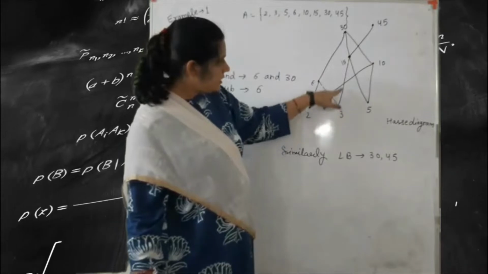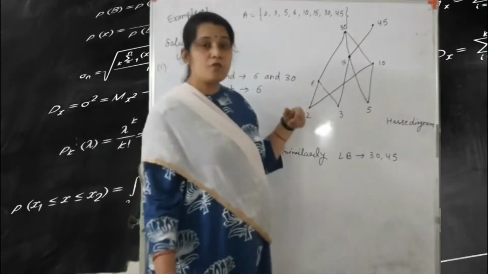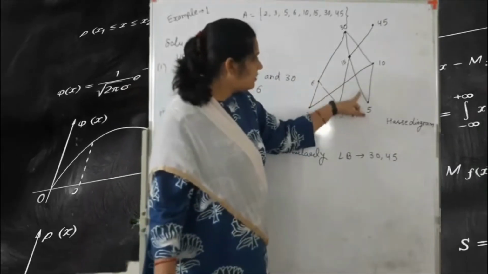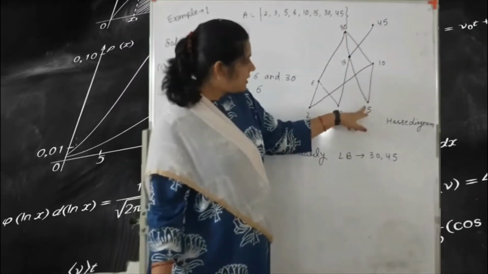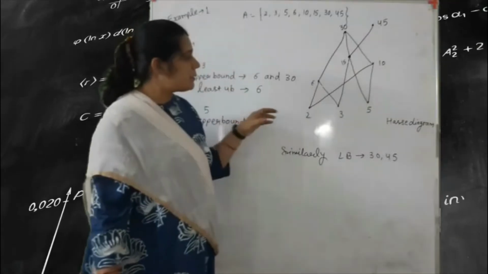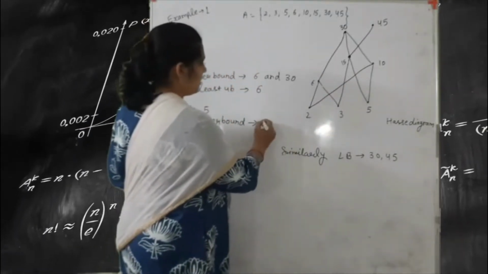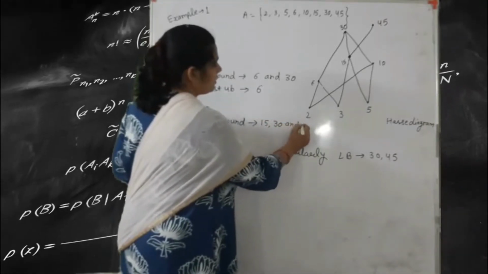Okay, 3 related to 15 related to 45. Next we check the 5. So 5 related to 15 related to 30, and 5 related to 15 related to 45. That means the upper bound of 3 and 5 is 15, 30 and 45.